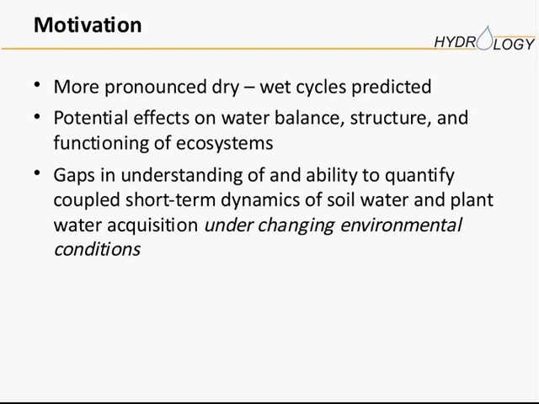We have those dry wet cycles, and there are some predictions that they may change, but independent of that, we want to get a better idea of those potential effects on the water balance, the structure and the functioning of the ecosystems. We think there is still a significant gap in understanding or in the ability to quantify it, especially those coupled short-time dynamics of soil water and plant water acquisition, and that's where the focus of this work lies.